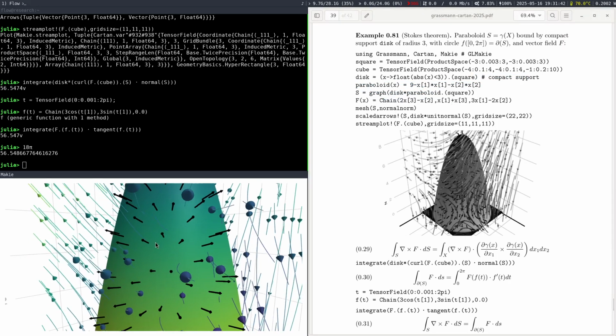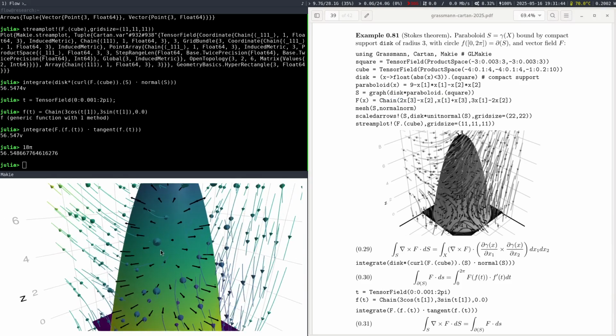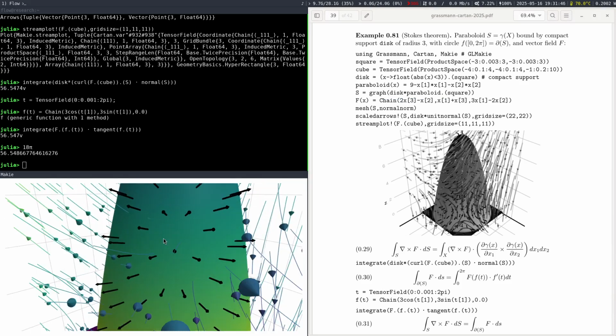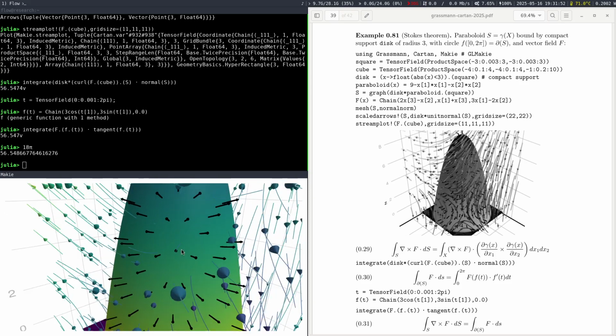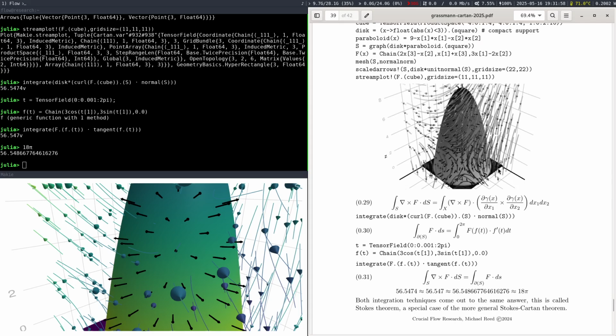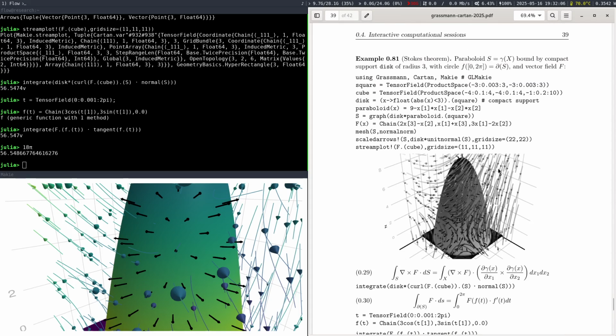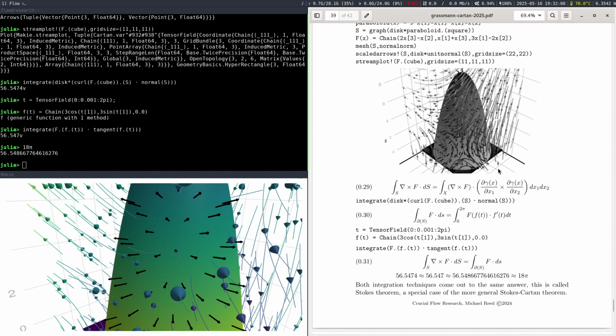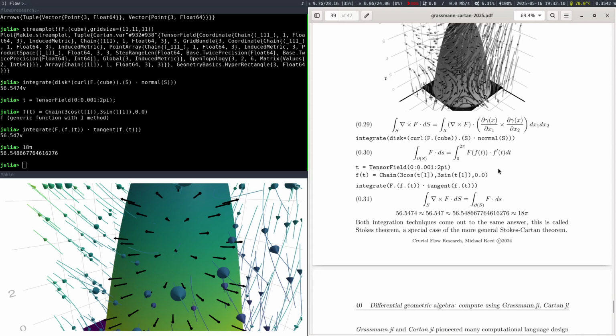These methods work in general just using any FiberBundle representation that's used here. So yeah, that's a nice example. Both integration techniques come out to the same answer. This is called Stokes' theorem, a special case of the more general Stokes-Cartan theorem. So I thought that's a nice example to wrap things up with for now.